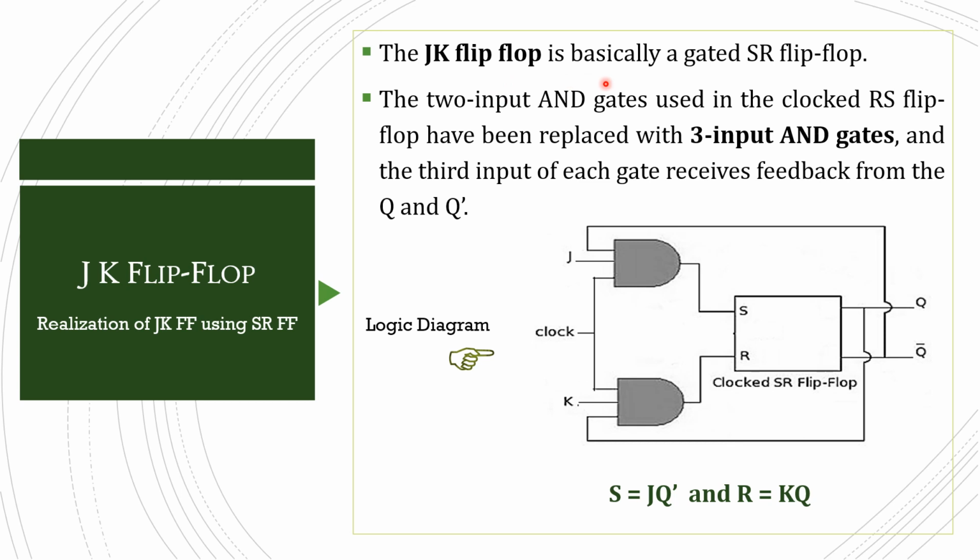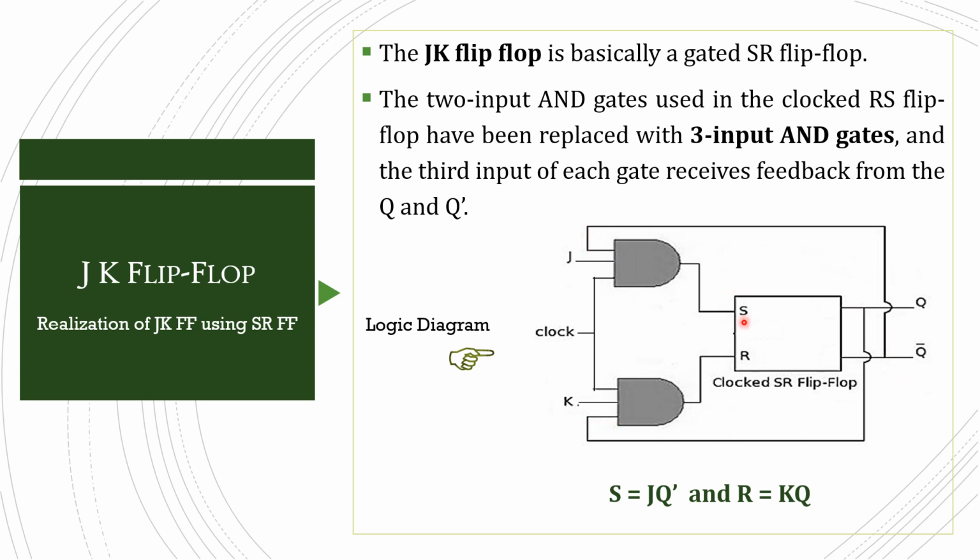The JK flip-flop is basically a gated SR flip-flop. In the gated SR flip-flop, we'll be having two steering gates, right? These two steering gates will have only two inputs in the case of SR flip-flop. But in the case of this JK flip-flop, the two input AND gates have been replaced with three input AND gates, and the third input of each gate receives feedback from the Q and Q bar.